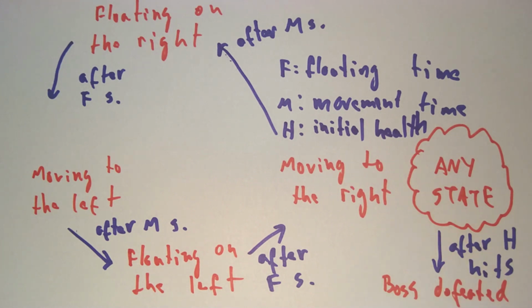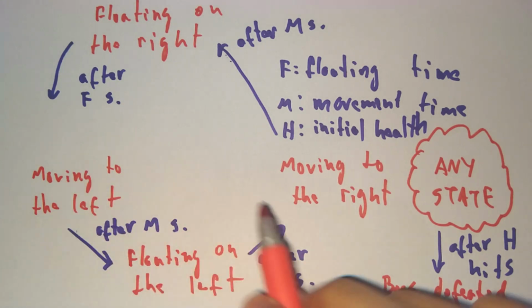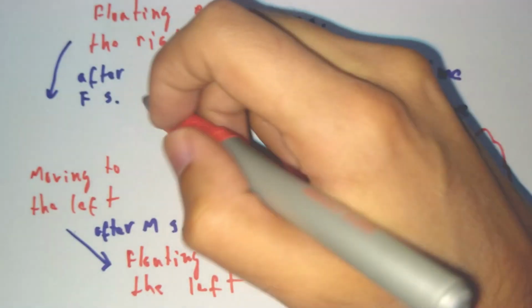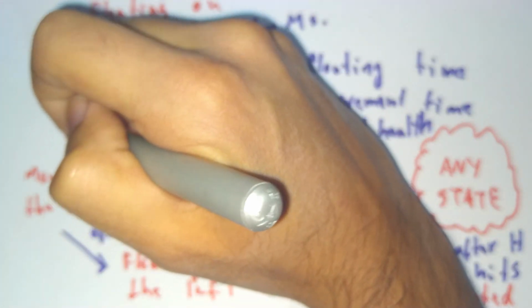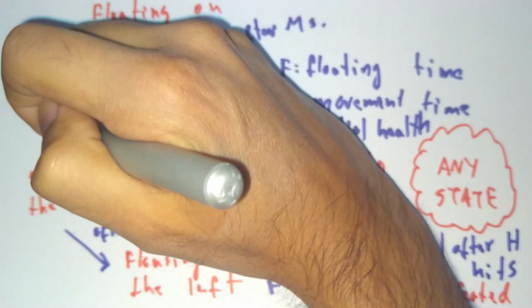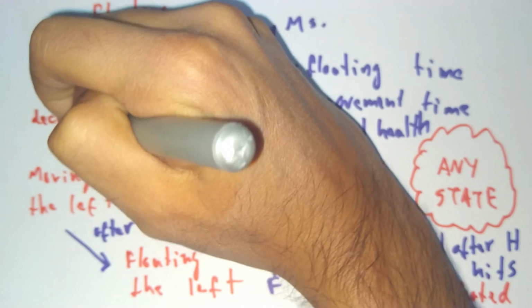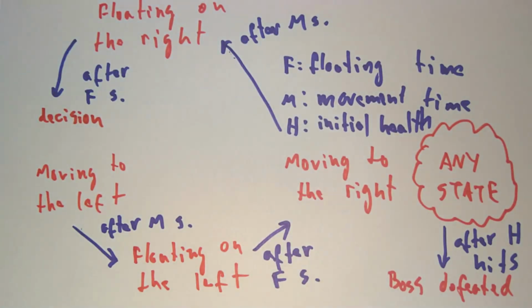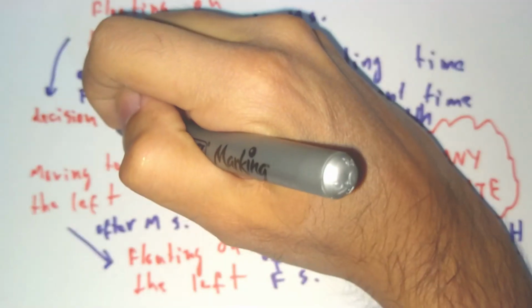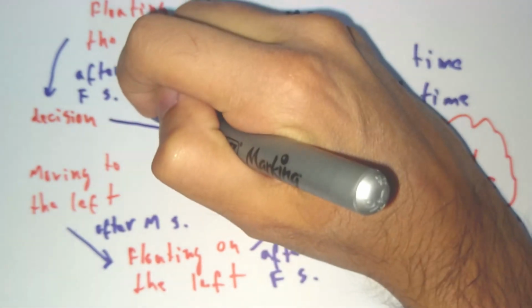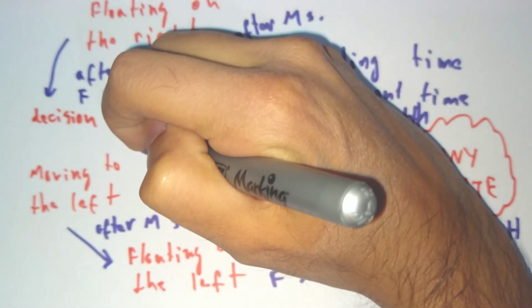But he doesn't shoot. Remember we wanted him to shoot? So let's insert a new state between floating on the right and moving to the left. I'll call it decision. From this new state, with 80% chance, he'll shoot. 80%.